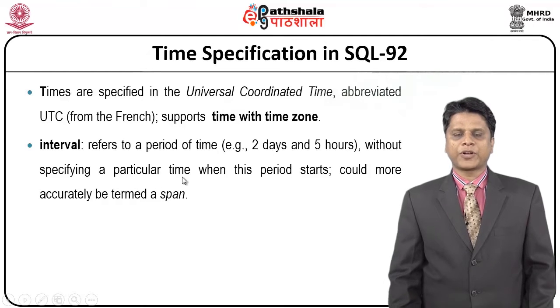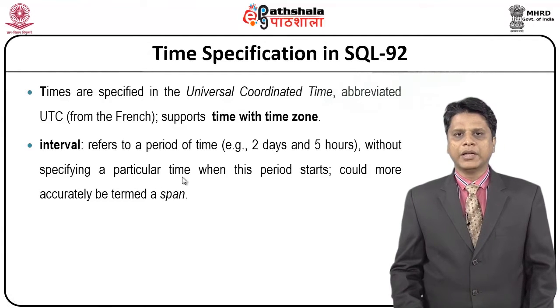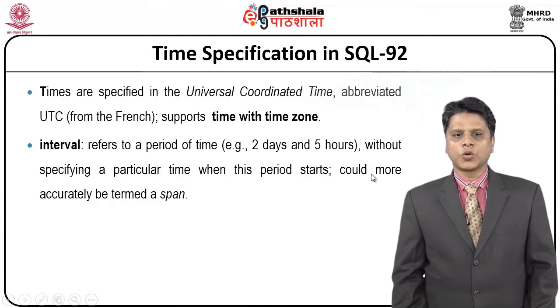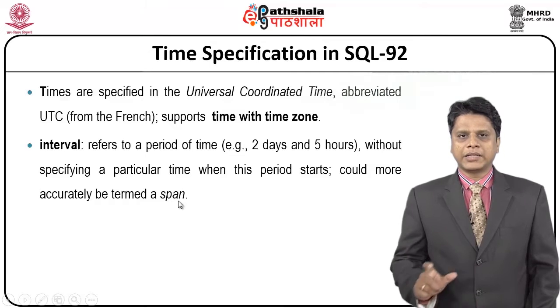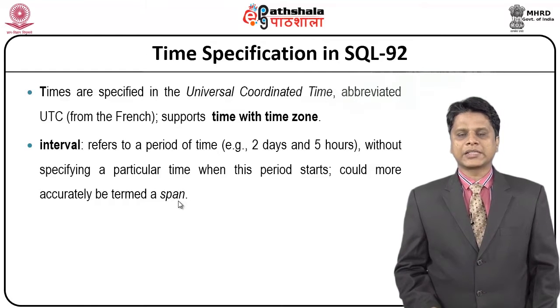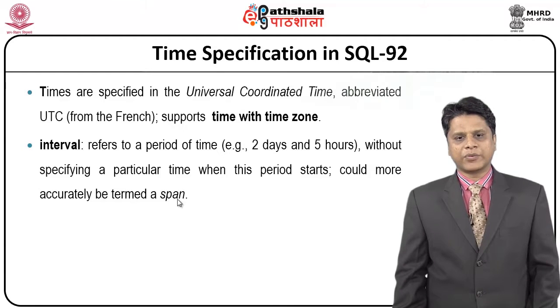I am not mentioning from what time to what time. Instead, I say this has happened for a period of time, say 2 hours. When the period starts could more accurately be termed a span. So between one time and the other time, which we say is a span, the span has a value which is mentioned as an interval.